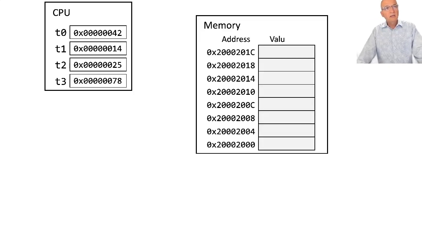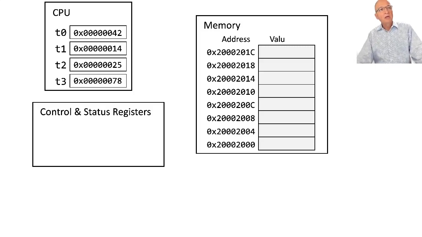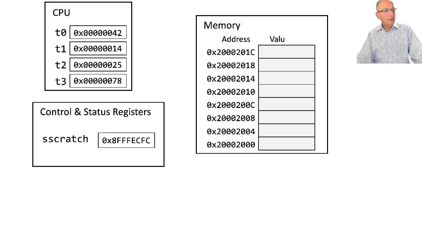Here is my memory. And here are the control and status registers, and I have my scratch register here. Let's say that my scratch register contains the address 0x8FFFECFC. In my data area, I have this space that I have reserved for my exception handler.